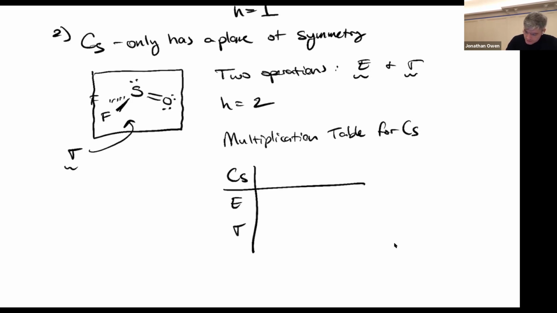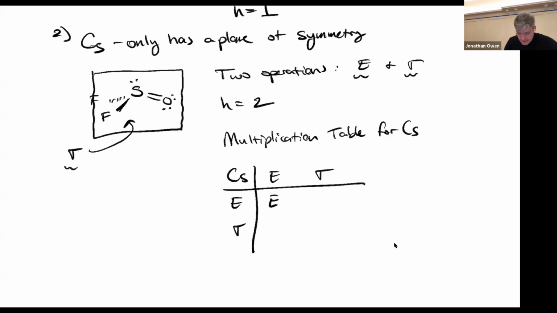That was one of the rules. So let's see what happens if we try these operations in sequence. If we do the identity operation times the identity operation, we've done the do nothing twice, and it returns the same thing. That is equivalent to doing nothing.